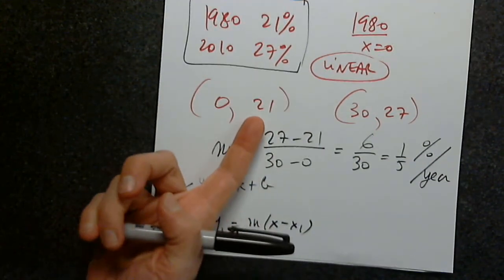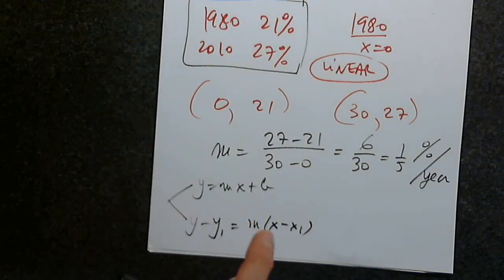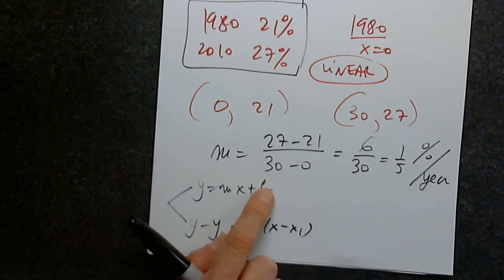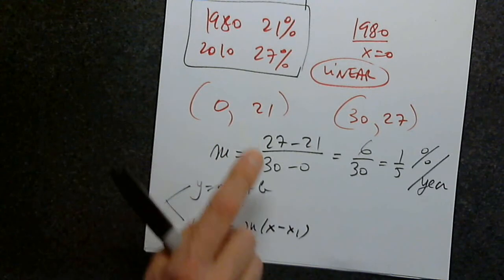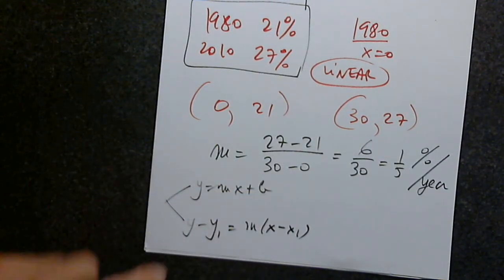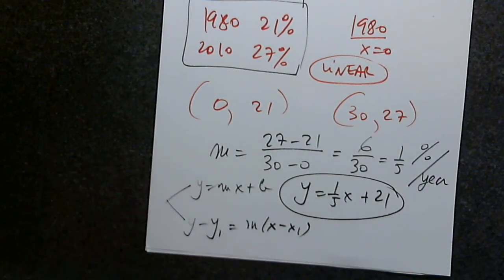Because 21 represents exactly what? The y-intercept, b. 21 is b, 0 comma a number. That's the y-intercept. So then y equals 1/5 x plus 21.